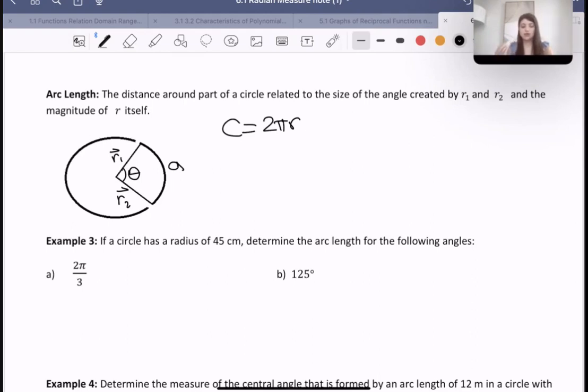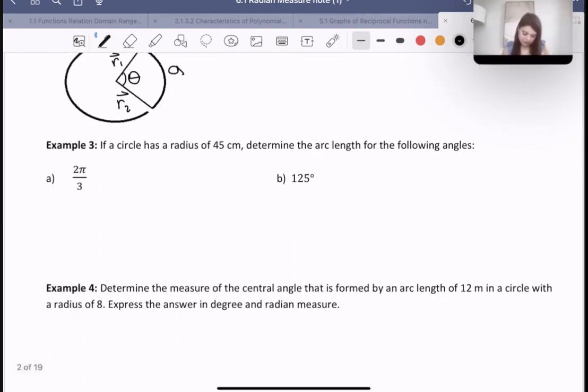Is it a third? Is it 2/3? It doesn't look like it's 2/3, so we can rule that one out. But you get my point. We need to figure out the measure of this angle so that we know how big this arc is, what proportion the arc is compared to the total, because we know how to find the total. And so if we can find the degrees, then we can do it. Okay.